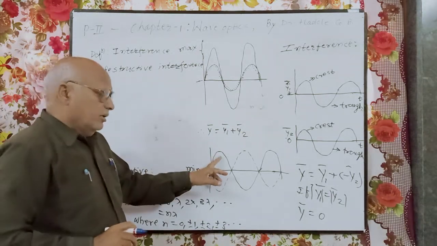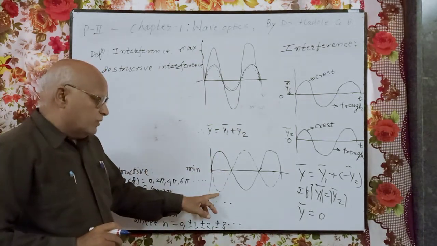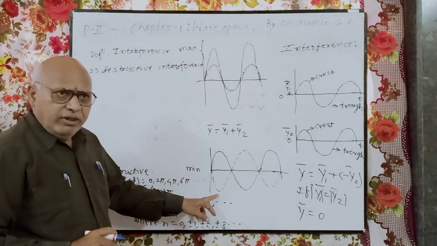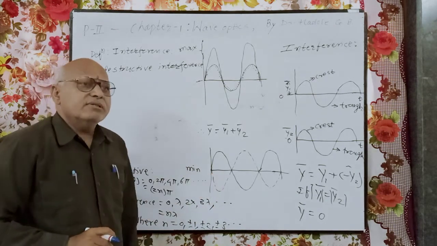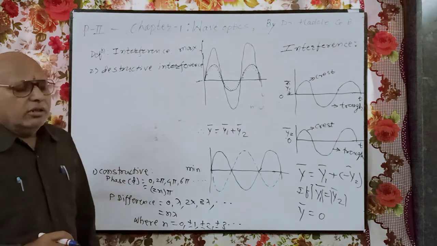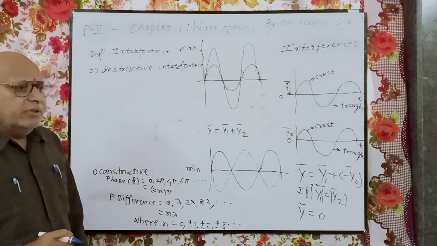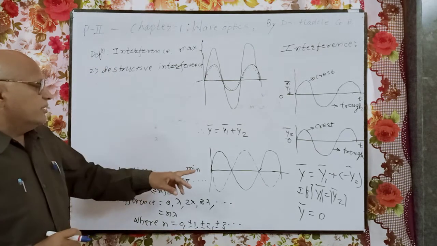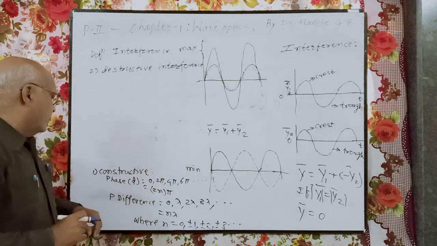See here, the crest of one wave coincides with the trough of another wave, and therefore there is a cancellation of light, or there is a formation of minimum intensity of light. This is called a destructive interference.